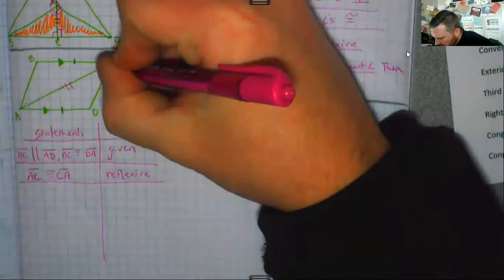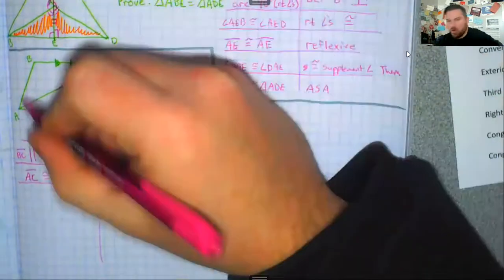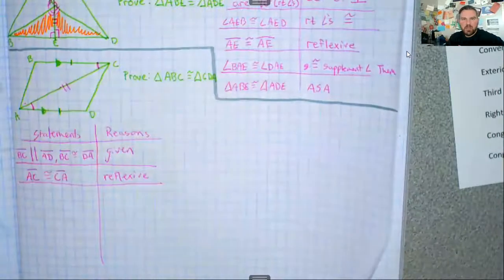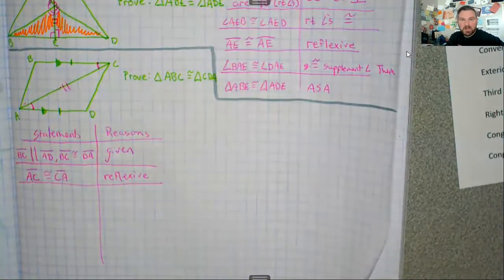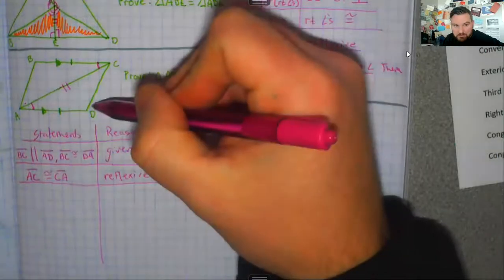But the alternate interior angles are here and here. They are not these. The alternate interior angles, or even alternate exterior angles, have to connect with the transversal and the parallel lines. These two lines are not parallel, or they may not be, I don't know.